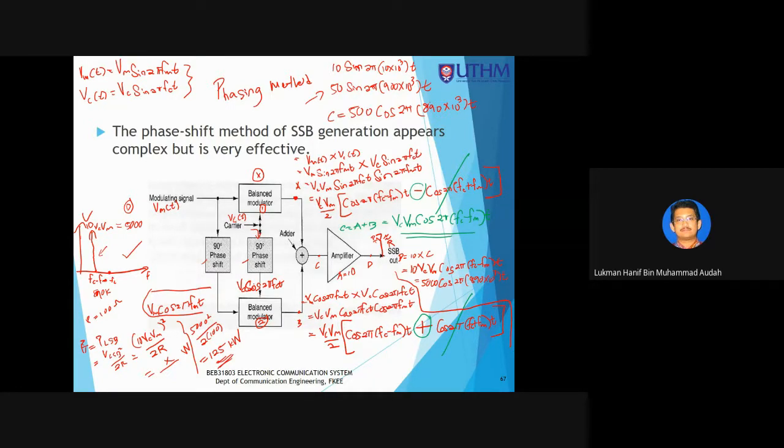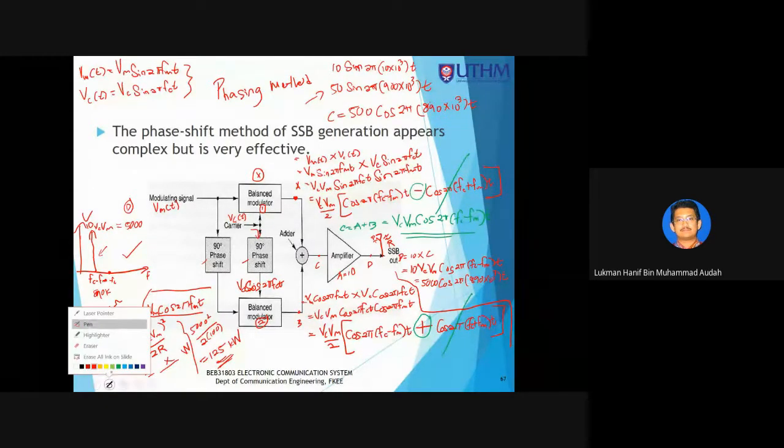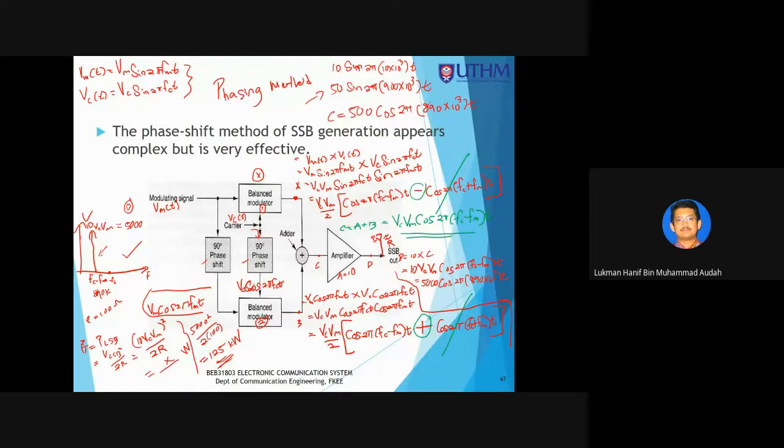Okay. So kesilapan pelajar yang lepas adalah dia dah define equation dengan betul, tetapi apabila melukis spektrum, ada pelbagai jawapan. Maknanya ada pelajar yang dia boleh selesai semua equation, dia dah buat dengan betul, tetapi apabila lukis spektrum dengan power, dia salah.